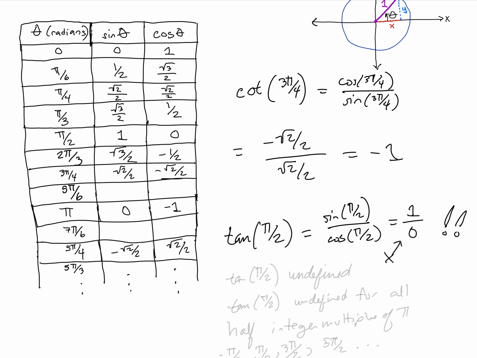And so because we can't divide by 0, that means tangent of pi over 2 is undefined. And it's also going to be undefined anytime that cosine is 0. So tangent of pi over 2 is undefined basically for all integer multiples of pi.